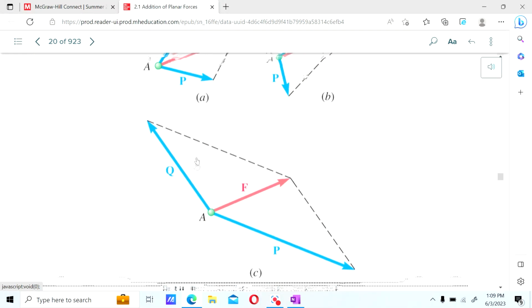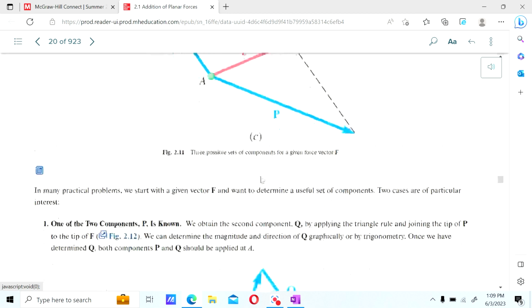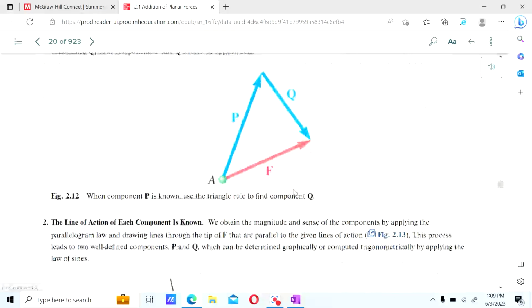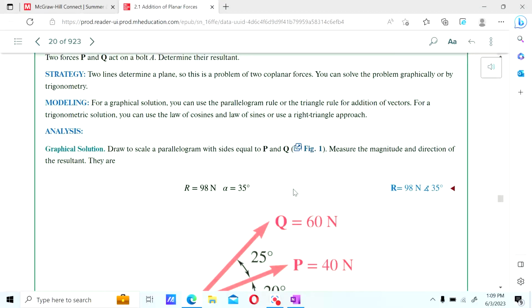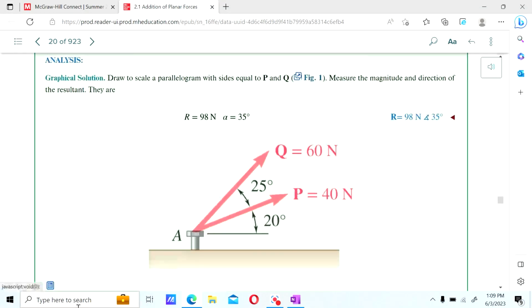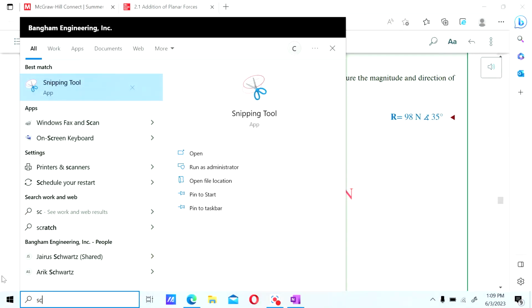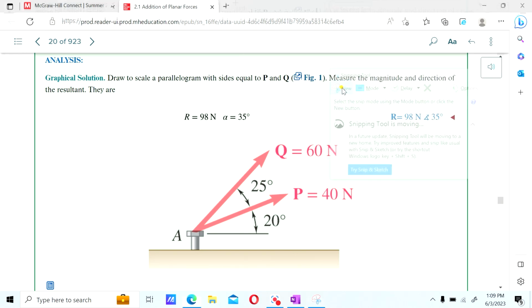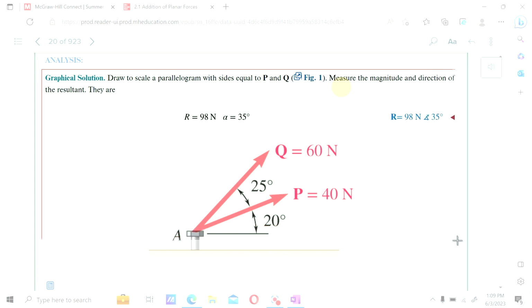In this case it is capital F. Same here, P and Q: find the total force by closing the geometry. So go through your book and look at the examples. So let's get this example.